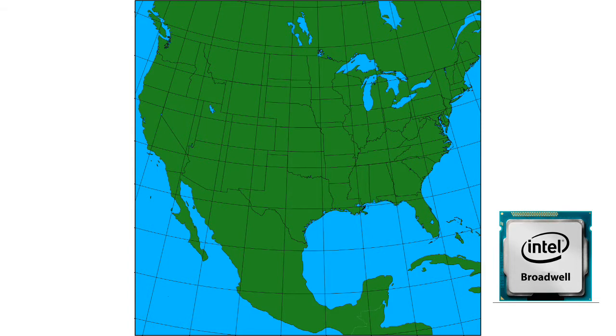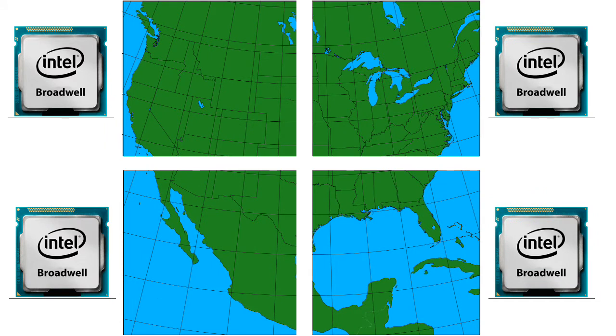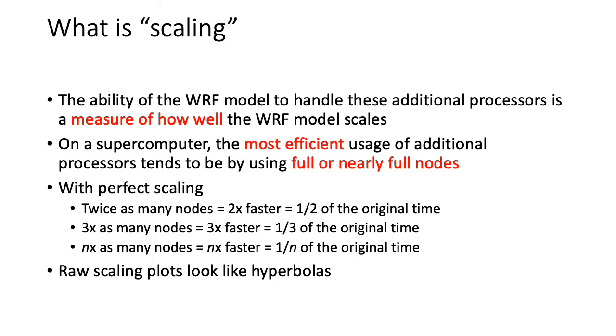So if we initially start off with a single processor doing all of the computations for our domain, hypothetically, if we chopped our domain into 4 equal pieces, and each piece had an individual processor, we should be able to get a speed up of nearly 4x. We use the word theoretically.